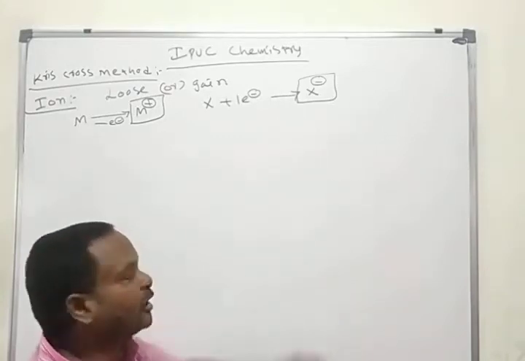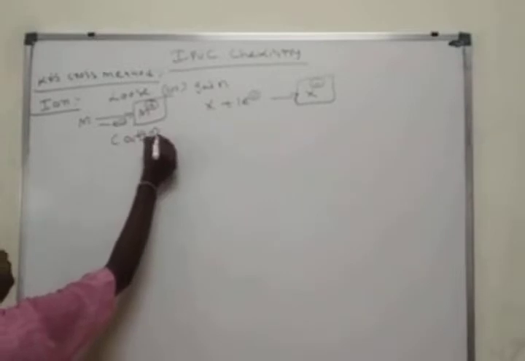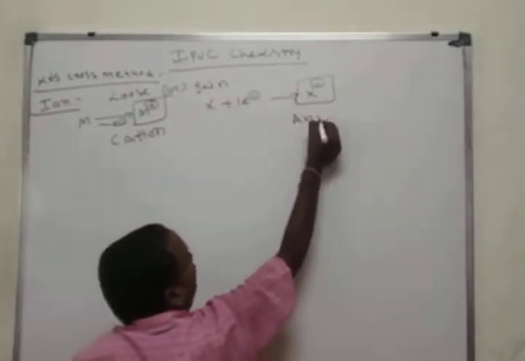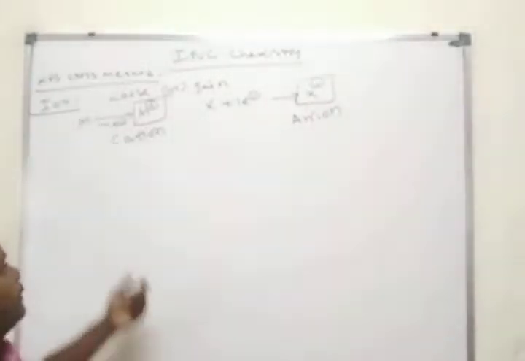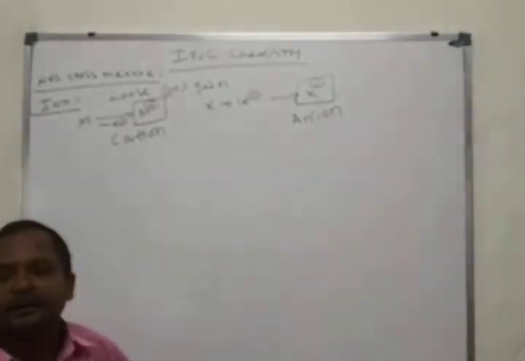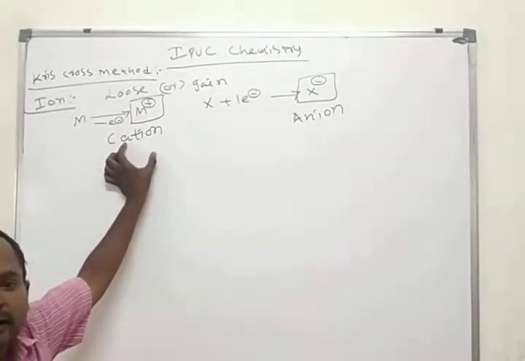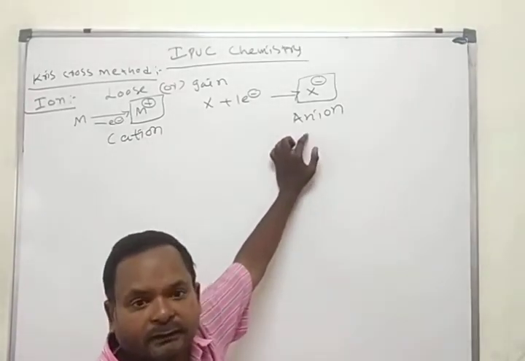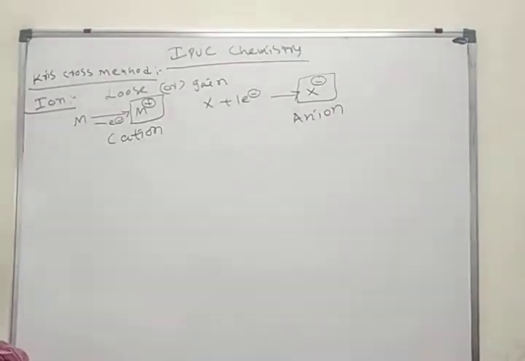Positively charged ions we call cations, negatively charged ions we call anions. By using cations and anions, we will write chemical formulas.